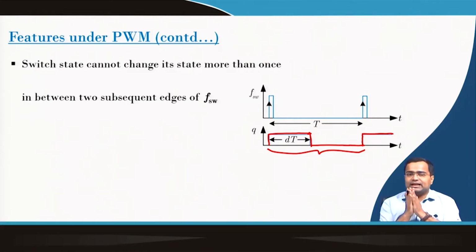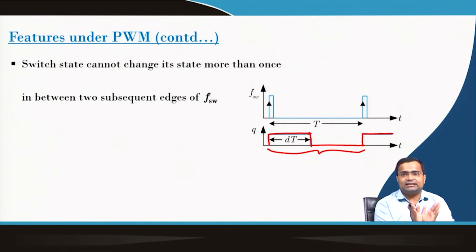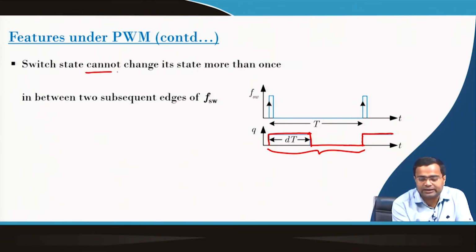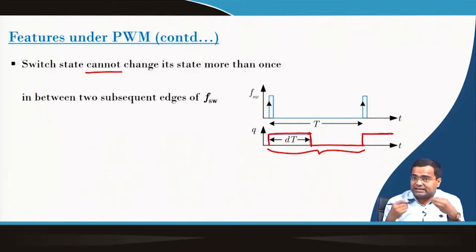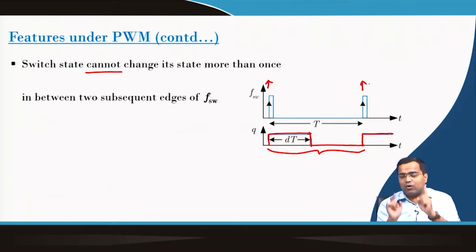We should not allow the switch to change its state more than once in a periodic interval. That means in between these subsequent edges, this edge and this edge, it should change only once. It turns on and turns off. After it turns off, it should not turn on before the arrival of the next clock edge.